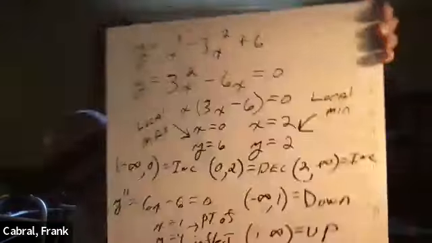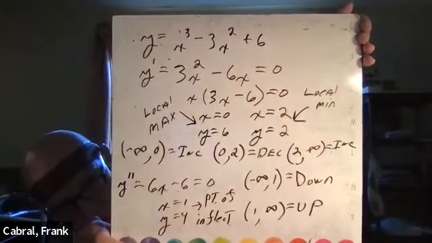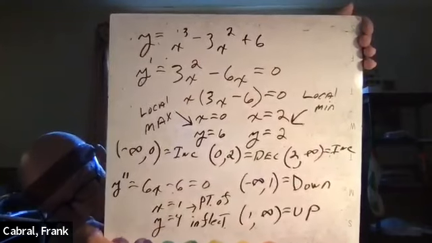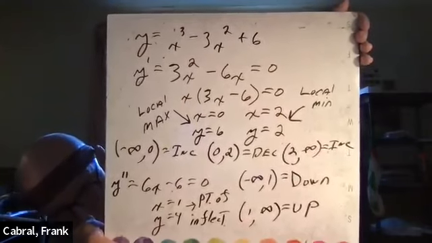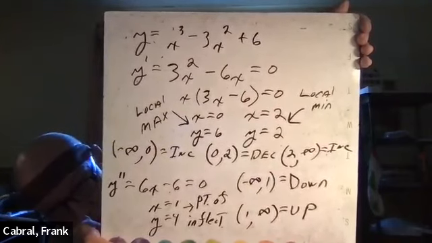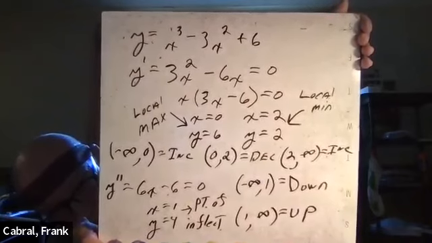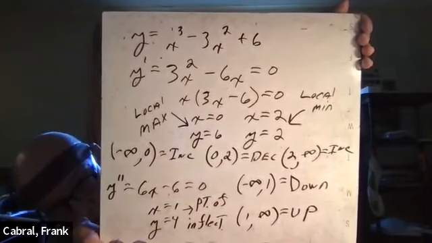So this simple example has everything in it. Now, agreed, many other functions are going to be a lot more complicated than this. But this is the essence of what we're doing with the first and the second derivative test, including making sure that you understand how to use interval notation.